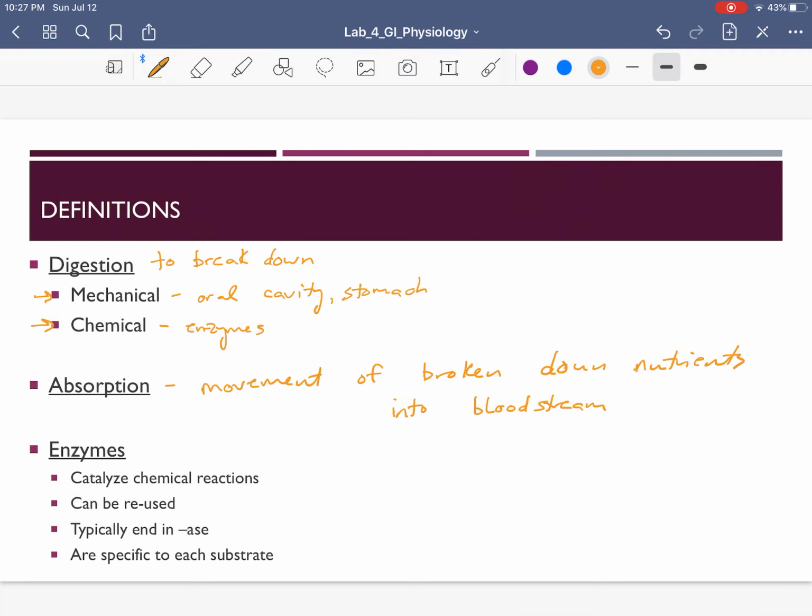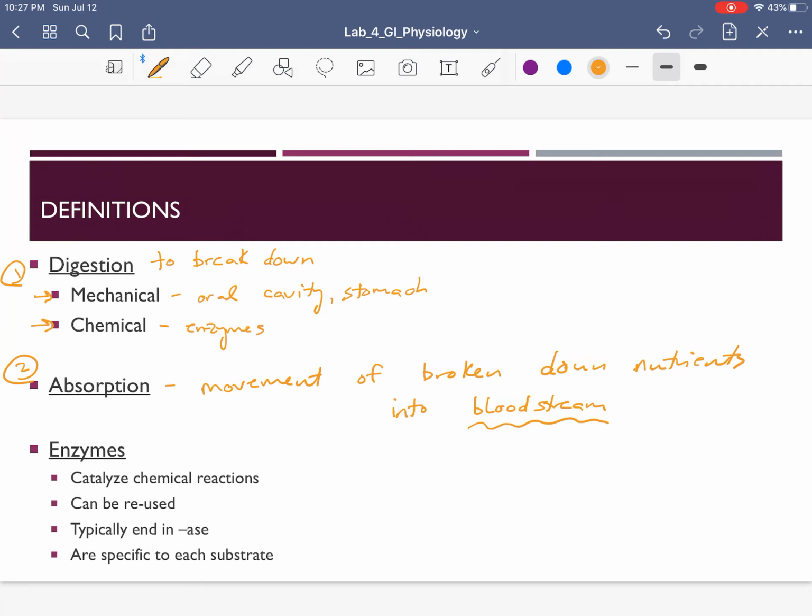So this illustrates another point. We have to break down the food first, and then once our big chunks of food have been broken down into their smallest pieces, then we can absorb them into the bloodstream. That should be a review from lecture. Never hurts to hear it more often, though.